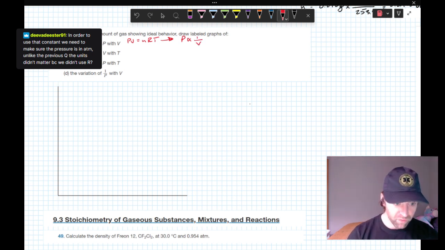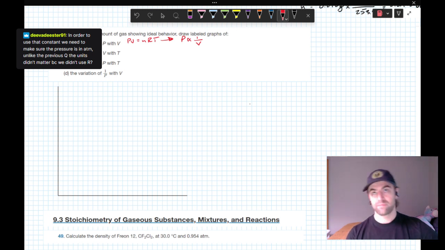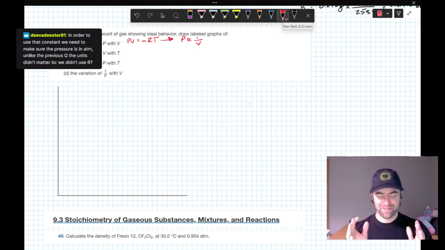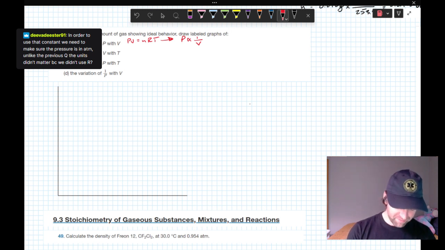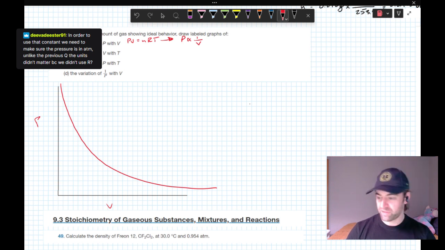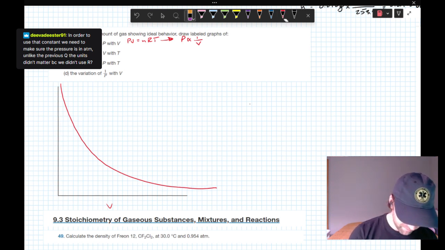To graph that, if pressure is high, volume, sorry, it's easier for me to think about this the other way around. As volume increases, pressure will decrease. We have PV. Our relationships look something like that.